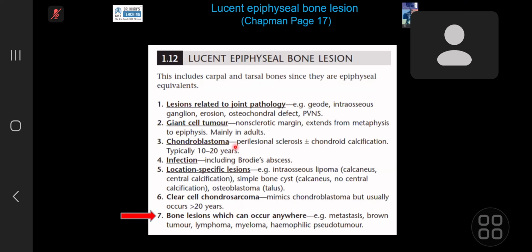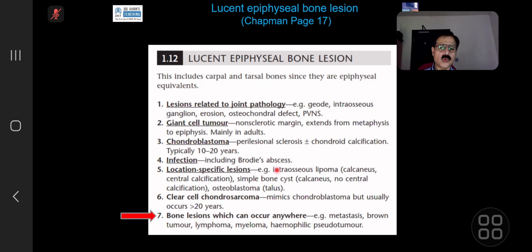It can be again a pseudotumor of the calcaneum. I'm expecting you to consider these things and then rule them in or out. Location-specific lesions: intraosseous lipoma, calcaneum, central calcification. So again, the importance of Chapman.